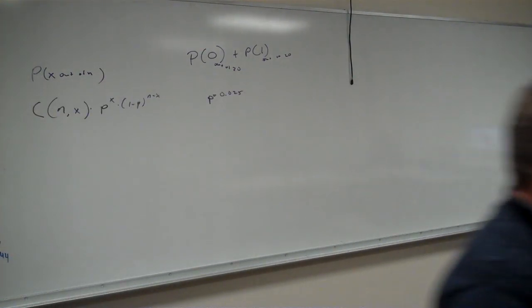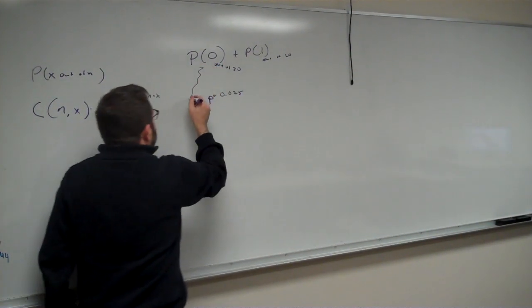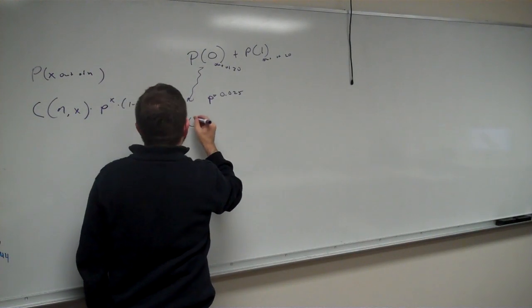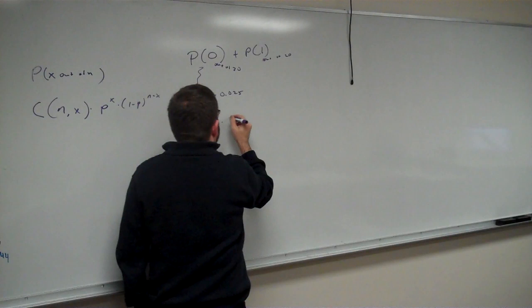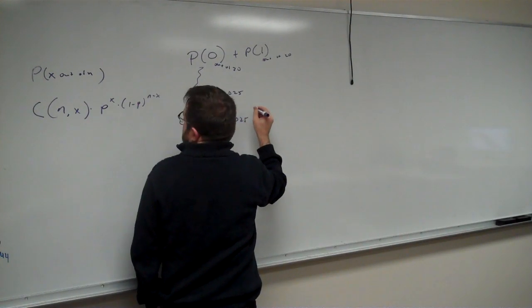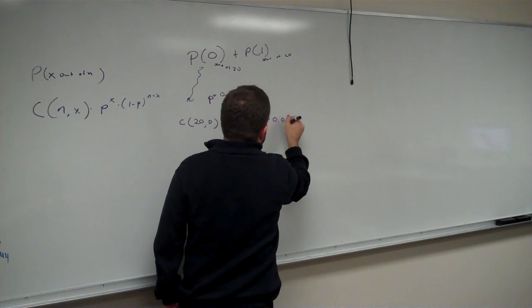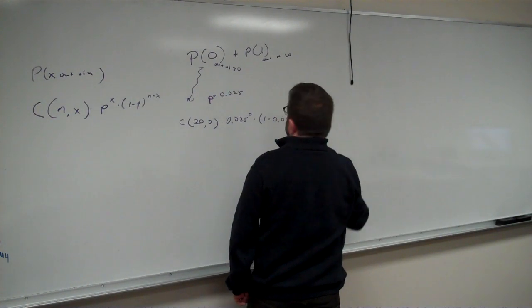All right, so we just plug all these numbers in. So the probability of getting 0 people hit by a coconut is combinations of 20 things taken 0 at a time times p to the x power times 1 minus p to the 20 minus 0 power.